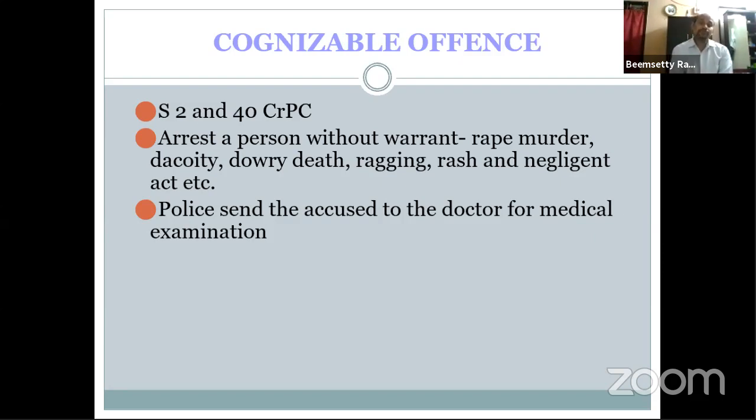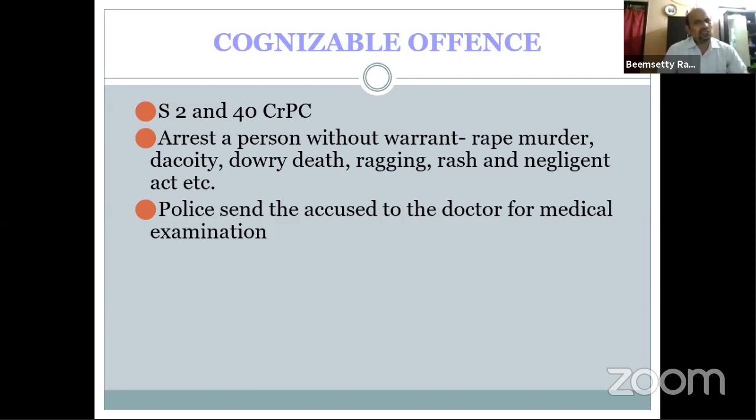Cognizable is included under Section 2(c) CRPC. Remember, section 2 in bracket you should write c, CRPC, and 40 CRPC. According to this, the police can arrest a person without any warrant. Police can arrest a person without warrant.